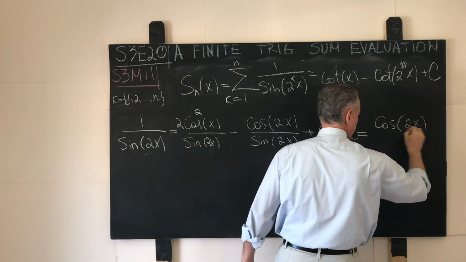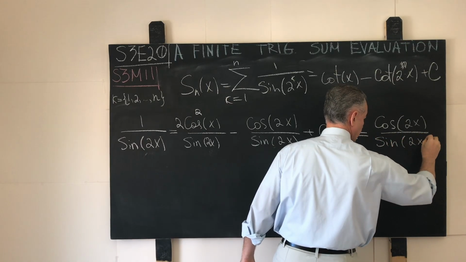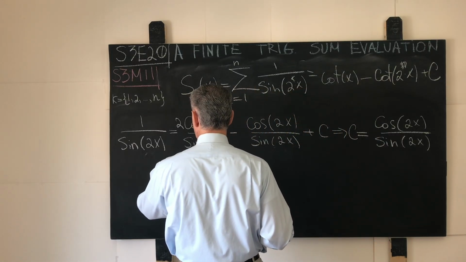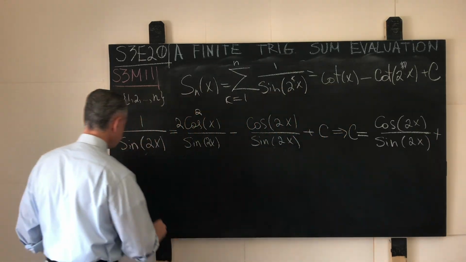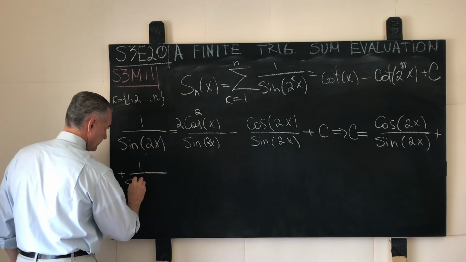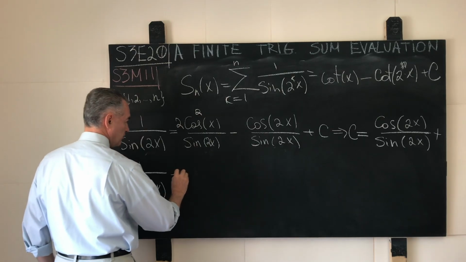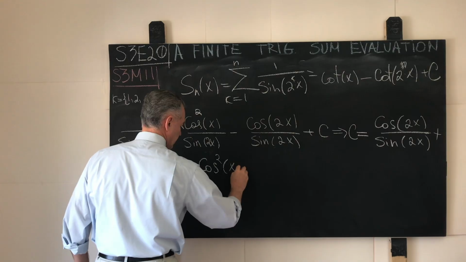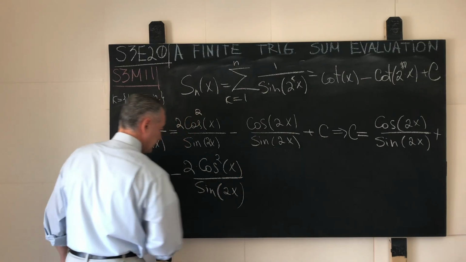Cosine of 2x divided by sine of 2x. And then what do we have here? We'll have plus this term right here, 1 over sine of 2x, minus this term, minus 2 times cosine squared of x divided by sine of 2x.